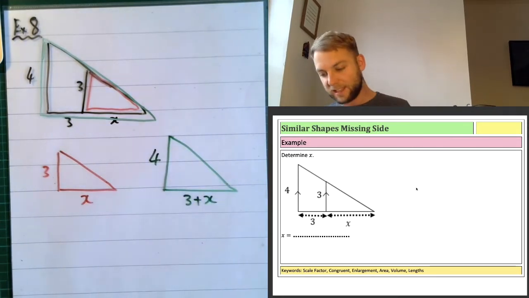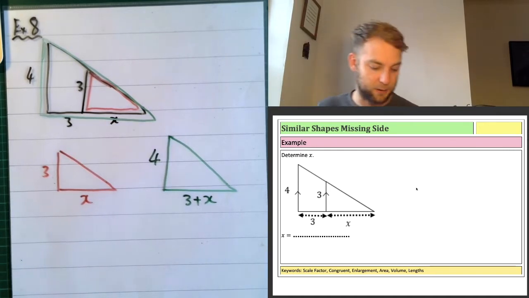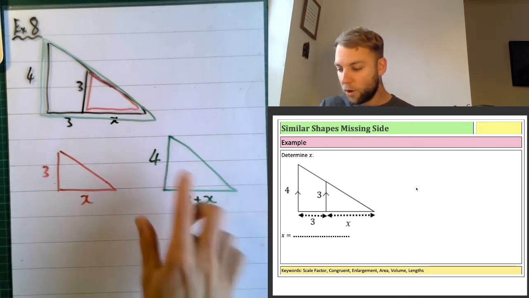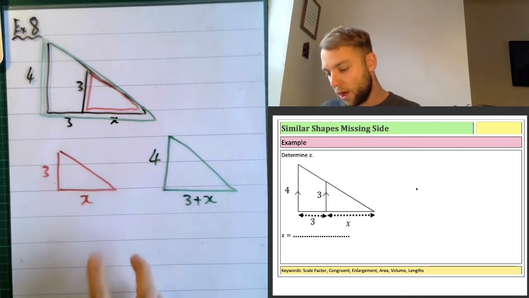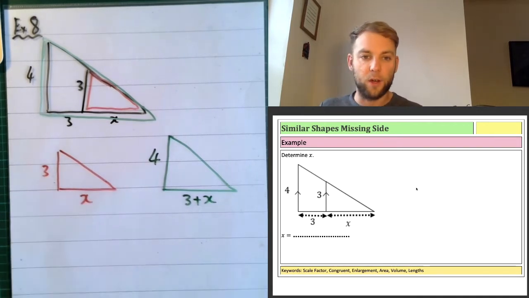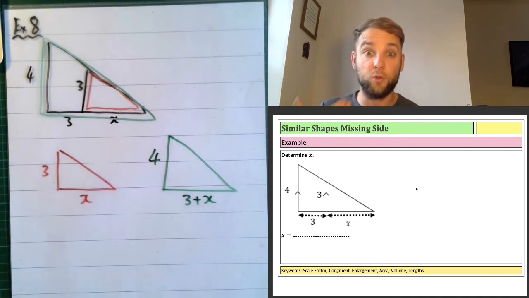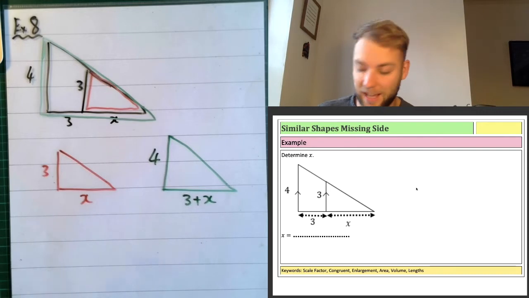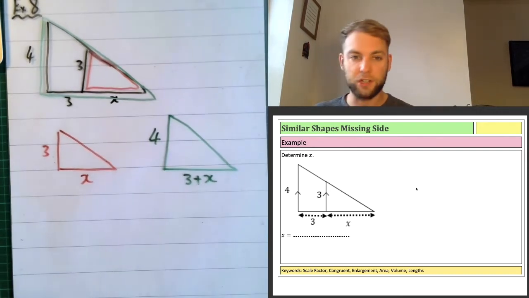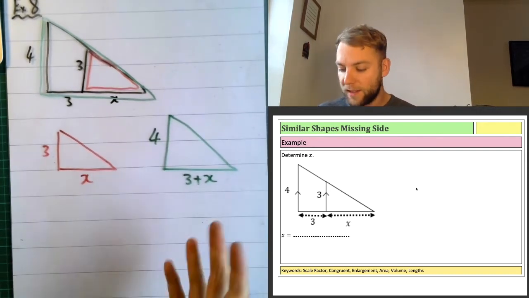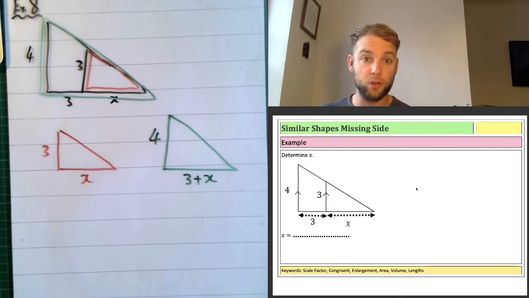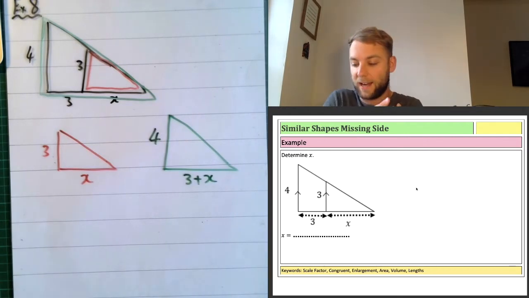Now, the reason this one is tricky, you might be able to spot it now, is yes, I can work out my scale factor by dividing those two, but I don't know either of those. So what you've got to do is create an equation, which is tricky here. Now, there's a few ways you could do it. You could use the fact that you know that these are the scale factors, or you can create an equation.